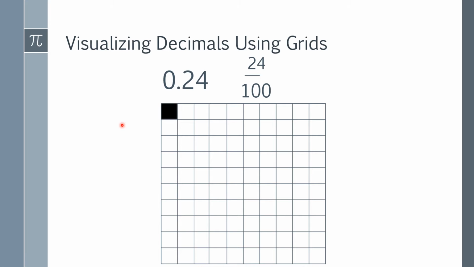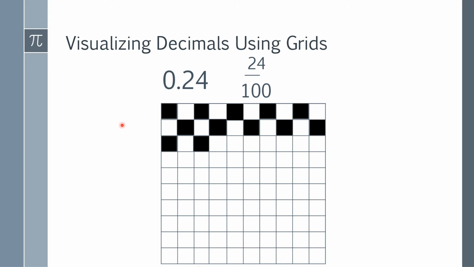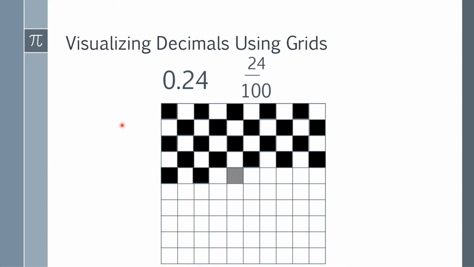So let's have 1, 2, 3, 4, 5, 6, 7, 8, 9, 10, 11, 12, 13, 14, 15, 16, 17, 18, 19, 20, 21, 22, 23, and 24. So that's it. That's the way how we visualize decimals using grids.